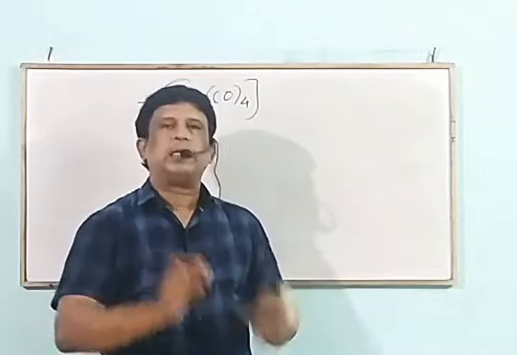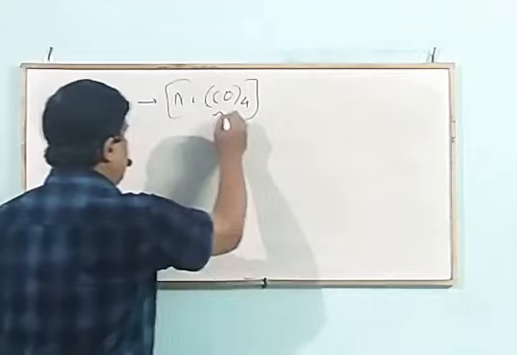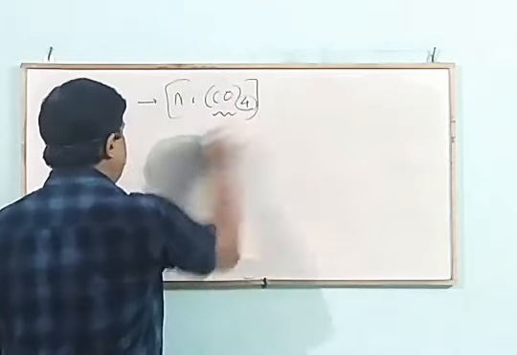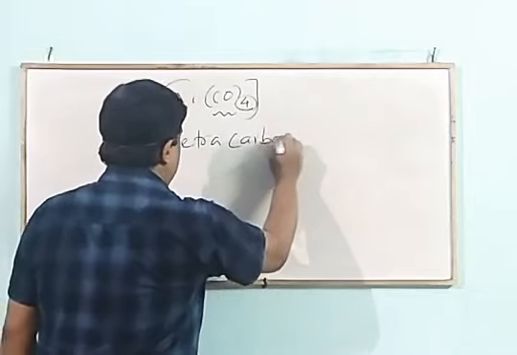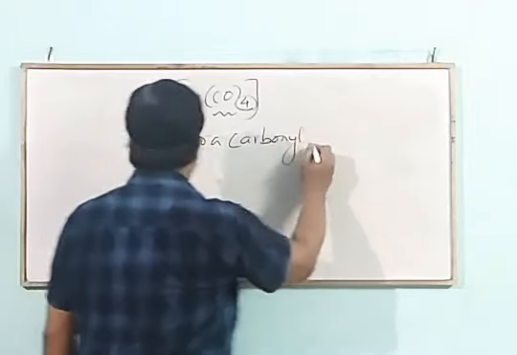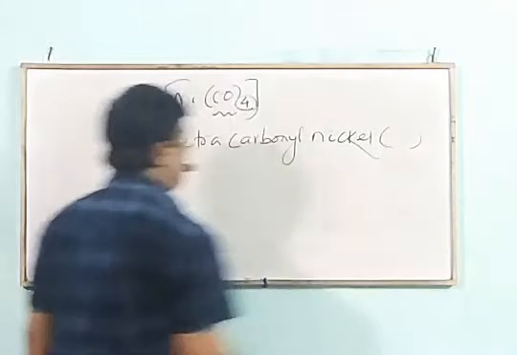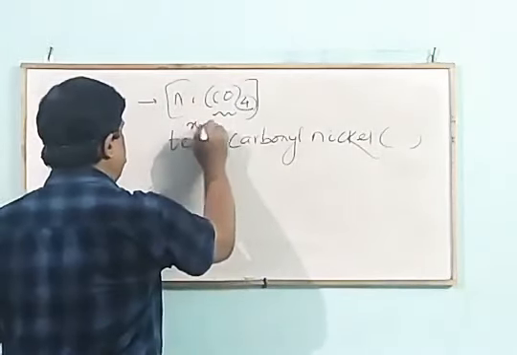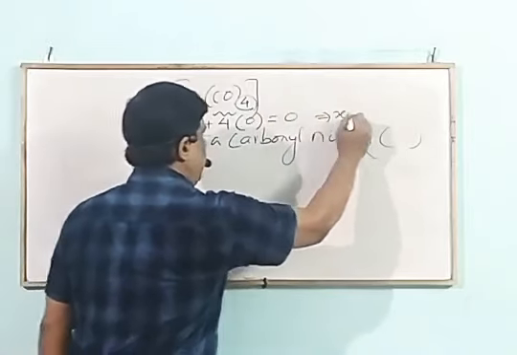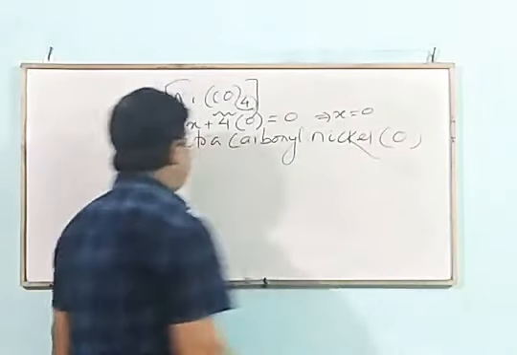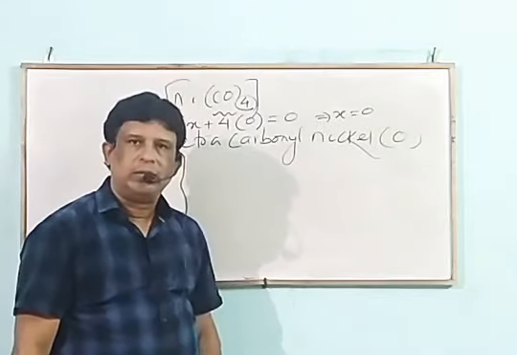Whatever may be, first the name of the ligands, then the metal atom. The ligand is a neutral ligand, carbonyl, 4 times. So tetracarbonyl followed by the name of the metal atom followed by parentheses. It is X. It is neutral, plus 4 into 0, on solving x is equal to 0. So its name is tetracarbonyl nickel(0). Mark that.